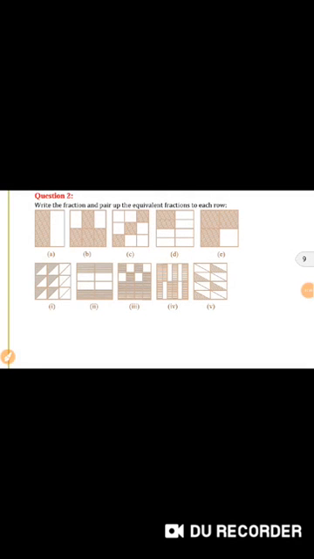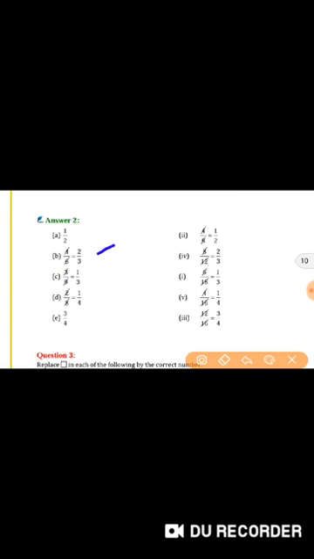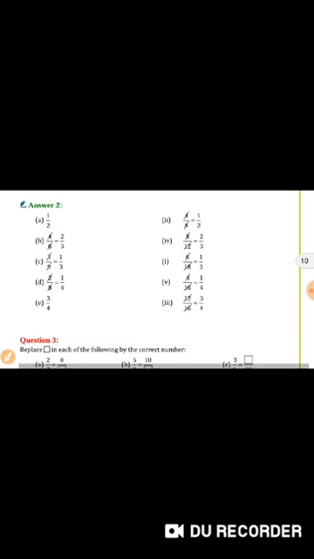Okay, and we can check here. I have simplified. These are 1 by 2, 2 by 3, 1 by 3, 1 by 4, 3 by 4. So this is how we have to simplify and match the diagrams here.